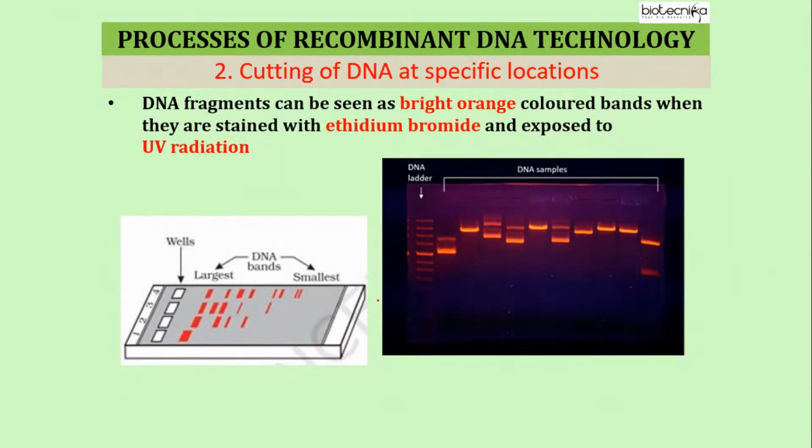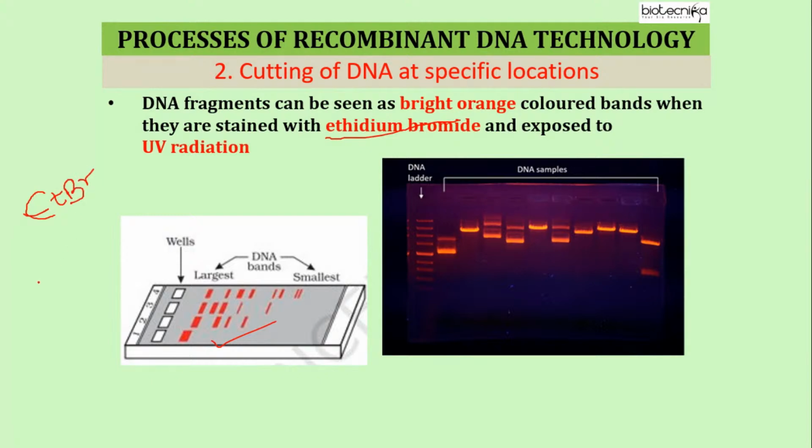So how will you resolve this gel? How will you know this DNA? You can't see these DNA fragments with your naked eye, so how can you see them? At the time of preparing the gel, you have to add one dye, that is called ethidium bromide, ETBR.